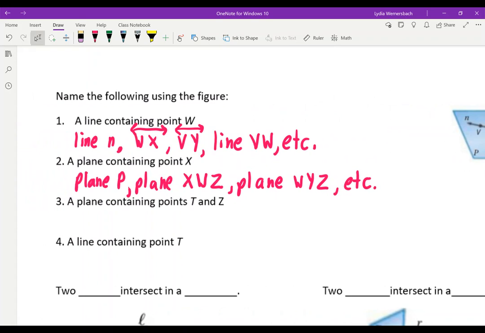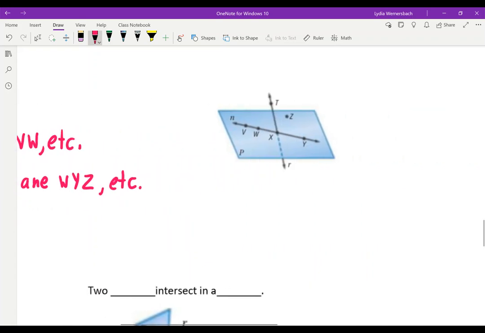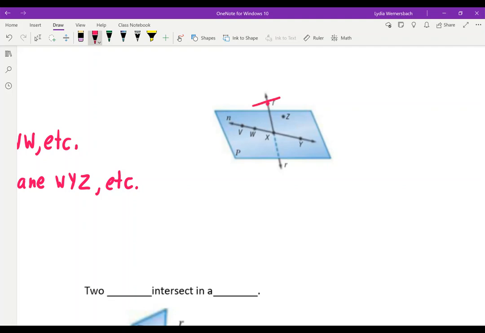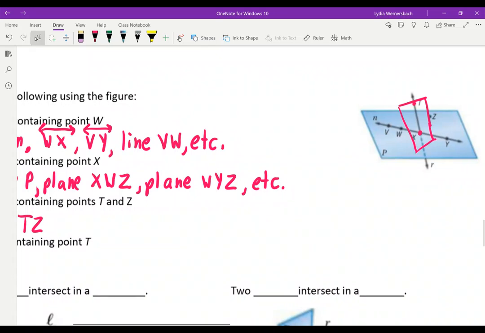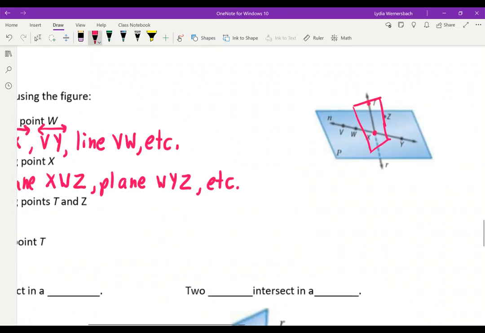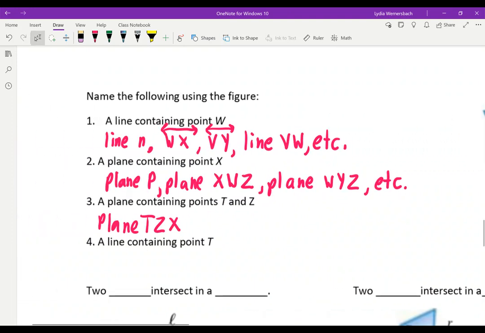And so one example of this, what if we would say plane TZ, and then, okay, we'll say it goes through T, Z, and let's say it also goes through X. It also is containing X. So we can say TZX. Now for this one, because we are kind of creating a plane that we can't see, we do want to include those 2 points that it already listed out for us.